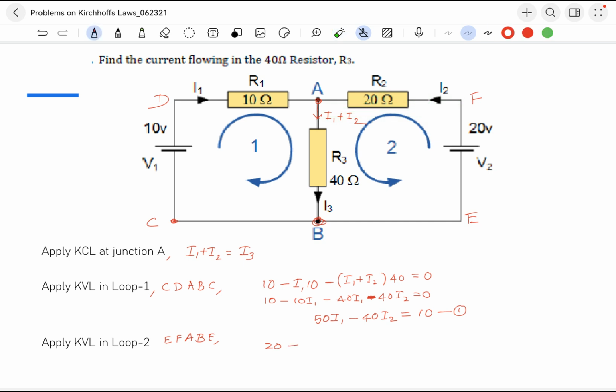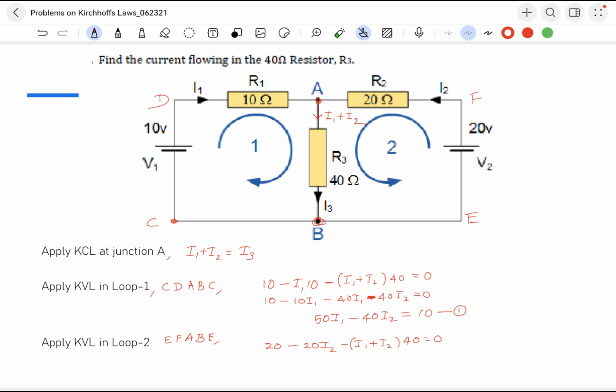How much drop? Minus IR. The formula is I multiplied by R. So 20 I2. And then A to B in the same direction. Again minus I1 plus I2, this is the total current in AB, and the resistance is 40, is equal to 0.